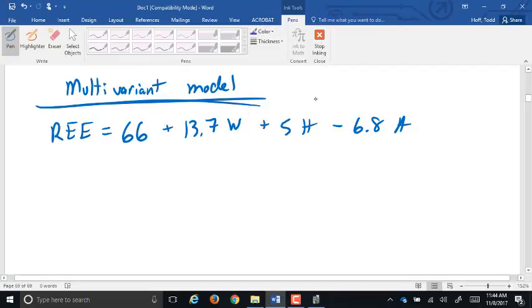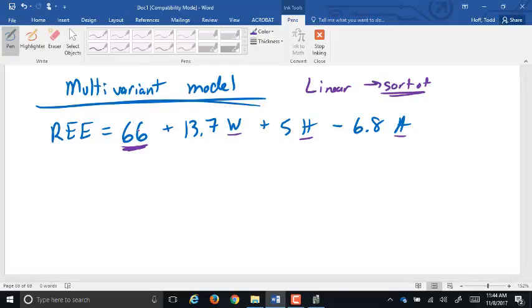For this model, each item, it's multivariate. There are several variables that come into play here, but it's also linear in each variable. And I'm going to say linear sort of, because the 66 is kind of like our y-intercept.